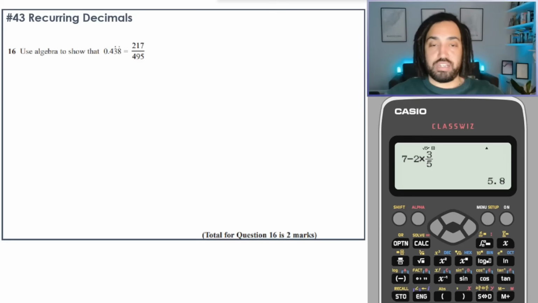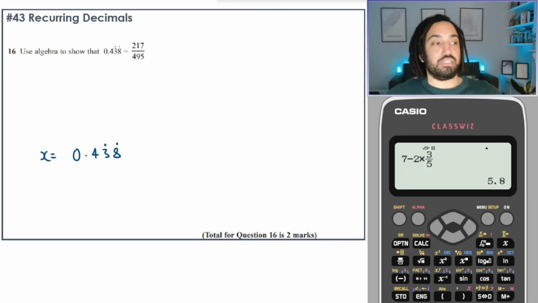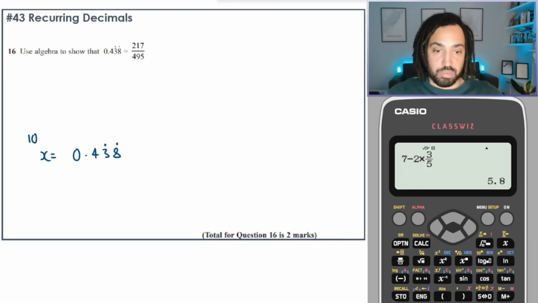Okay, recurring decimals. Right, this is just a standard skill you kind of have to know. It's a standard process. I like to start off like halfway down the page, and I write x equals 0.438 recurring, like that. I then multiply it by 10, which is going to shift everything up, so it becomes 4.383, and those will continue to recur.